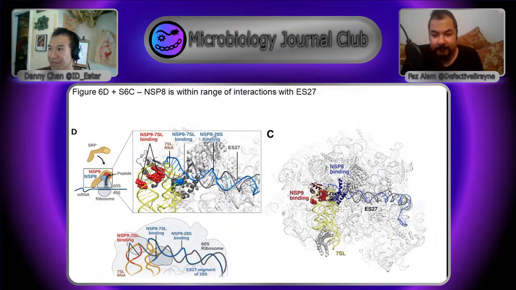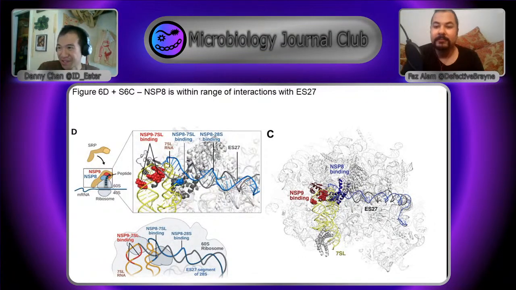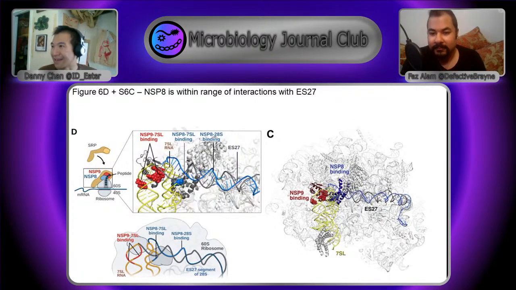It's complicated, but I think all the pieces are here. That's the region they found binding to NSP8, and that region is part of the ribosome, but it also comes into contact with the 7SL of the SRP.